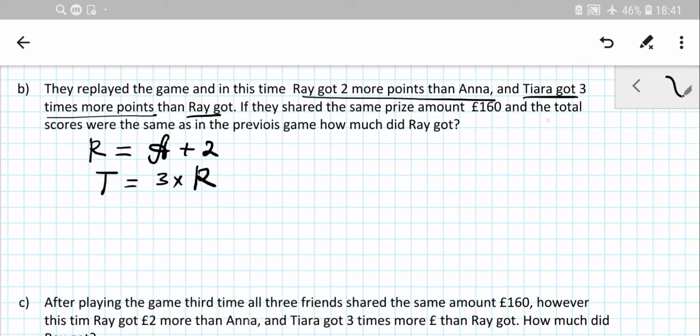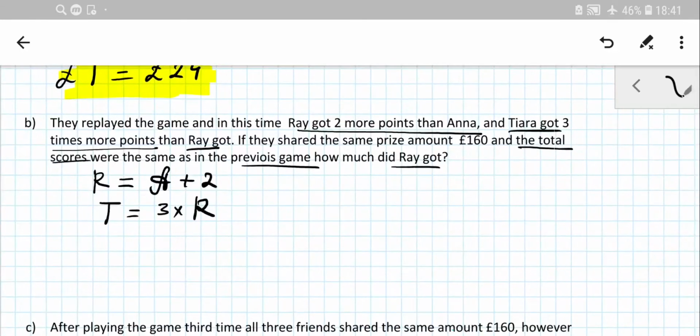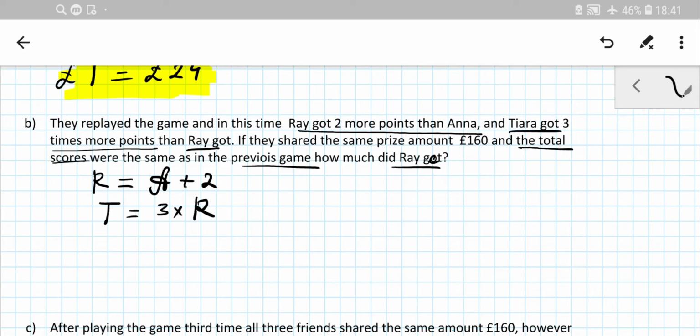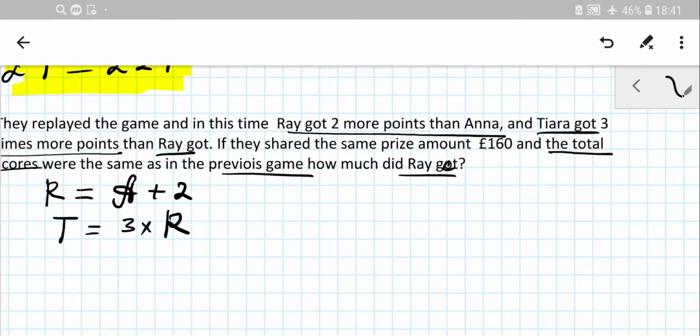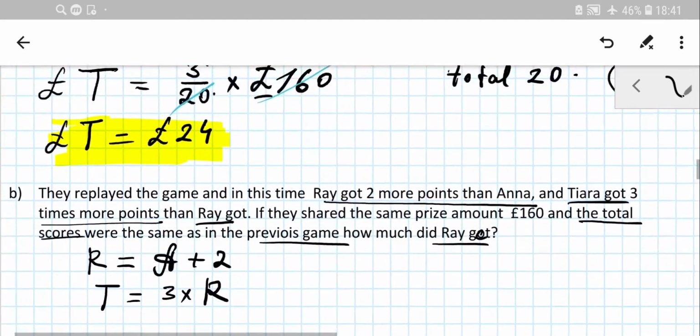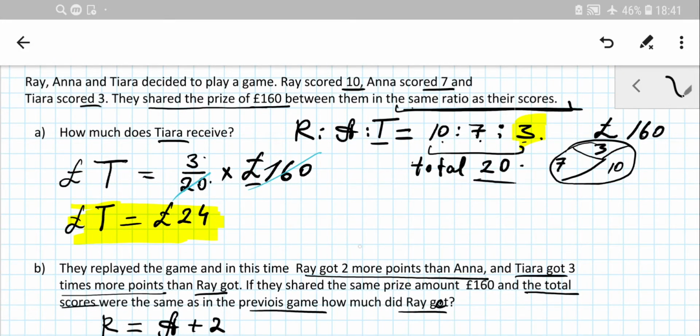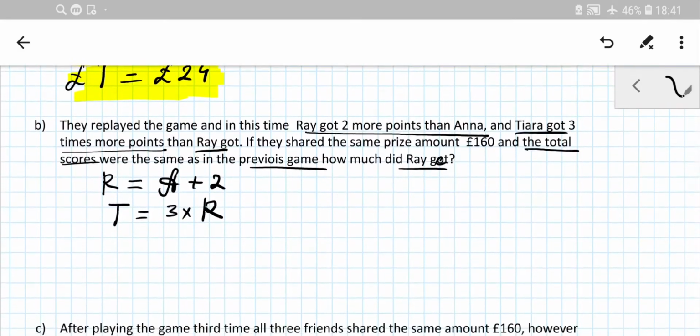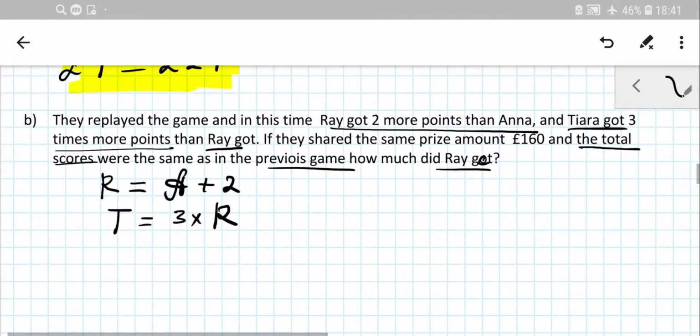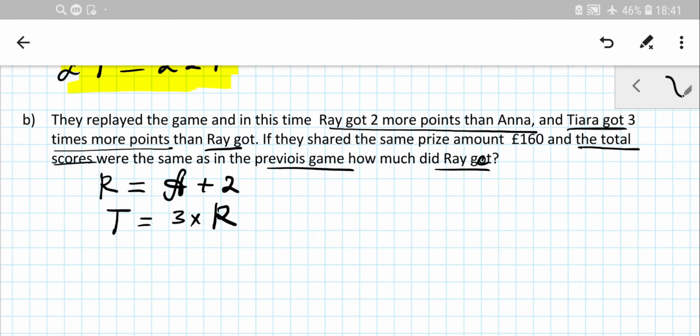If they shared the same prize amount of 160 and the total scores were the same as in the previous game, how much did Ray get? If the total score was 20 in the previous game, and in this game it is also 20, we can set up the equation for the total scores.